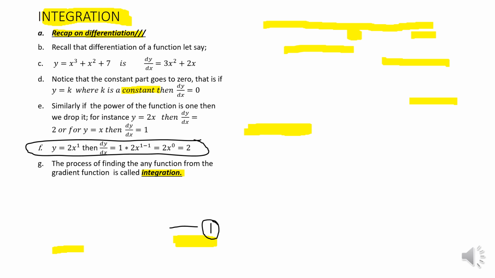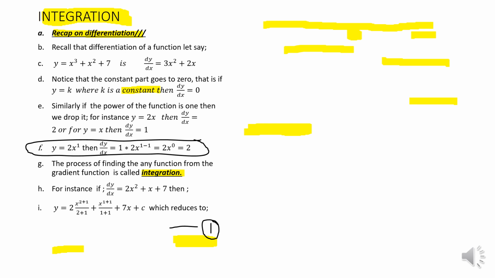particular gradient function. For instance, if dy/dx equals 2x squared plus x plus 7, then it's easy to note that y equals 2x squared, add 1 to the power, and then divide by the resulting power. So it will be 2x to the power 2 plus 1 over 2 plus 1. Now plus, remember x is to power 1, so add 1 to that power, we get x to the power 1 plus 1 over 1 plus 1, then plus 7.